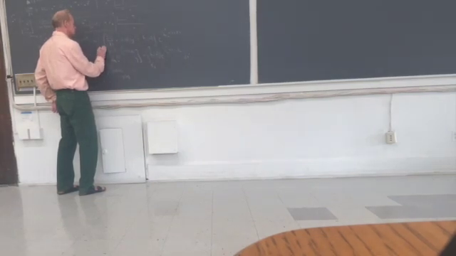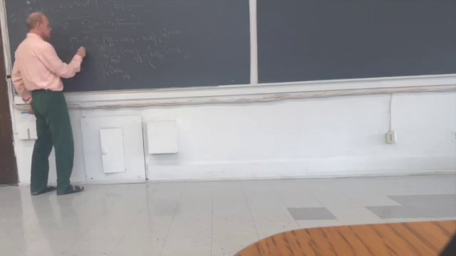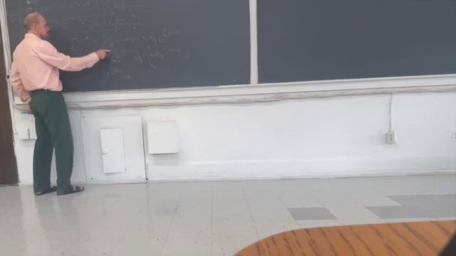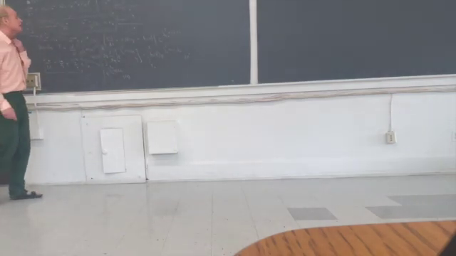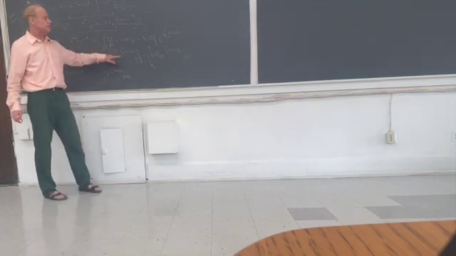That's a little messy, so why don't I write the upper limit here? The upper limit is the integrand evaluated at the upper limit. This is the integral of the total derivative of something.